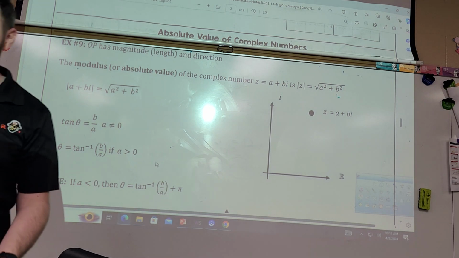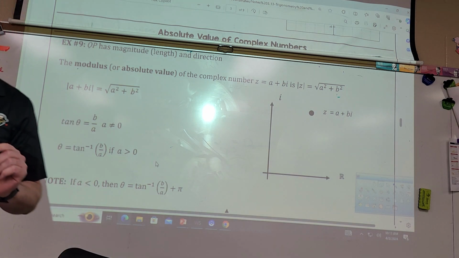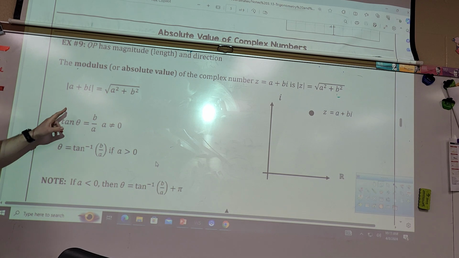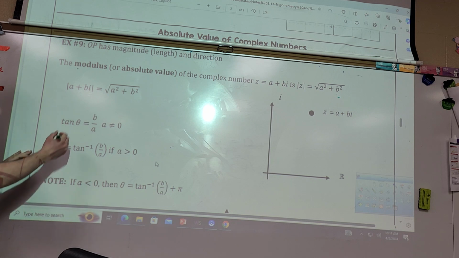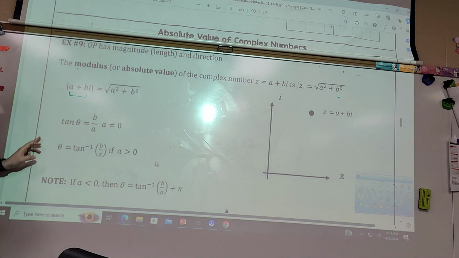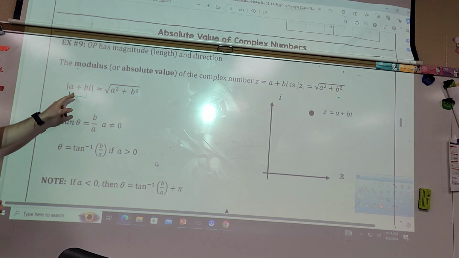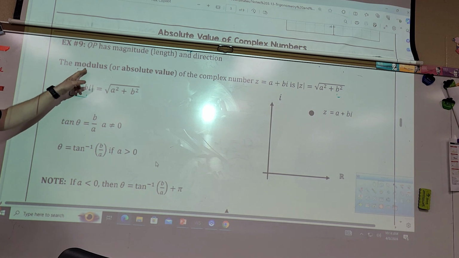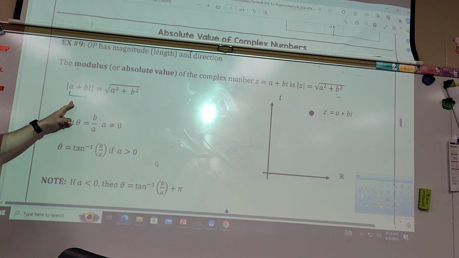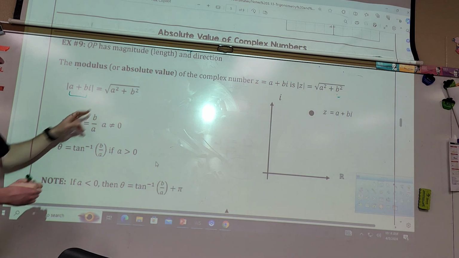All right. This is where things are going to get a little bit more wild. A plus BI, we are looking at as a point now, right? Now, A plus BI, the modulus, the absolute value of this, is equal to this.